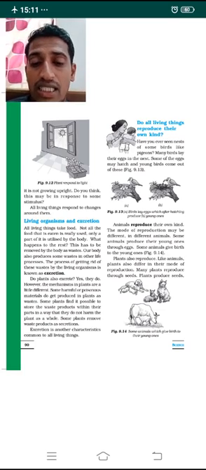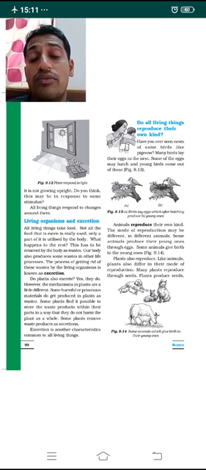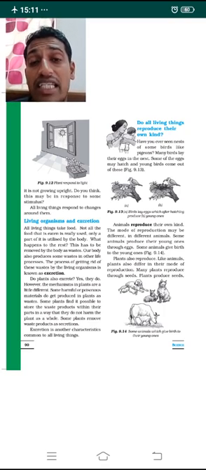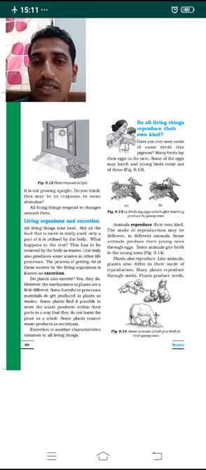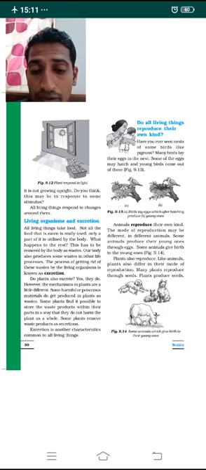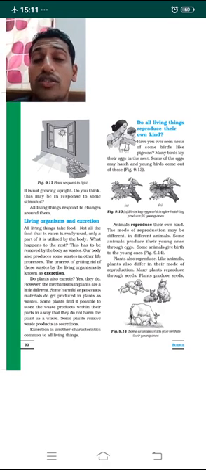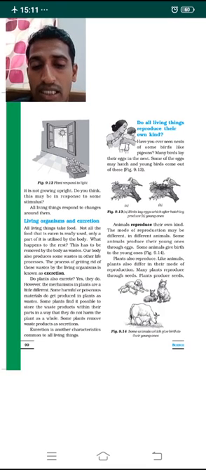Instead, the waste is stored in some parts of their body. Of course, this does not do any harm to the growth of the plant.